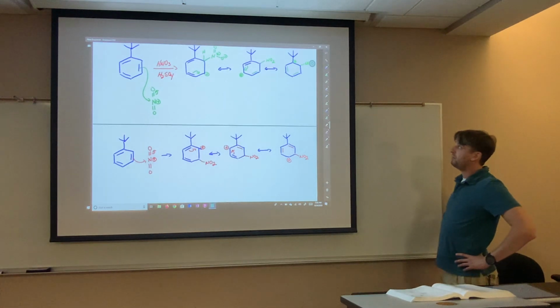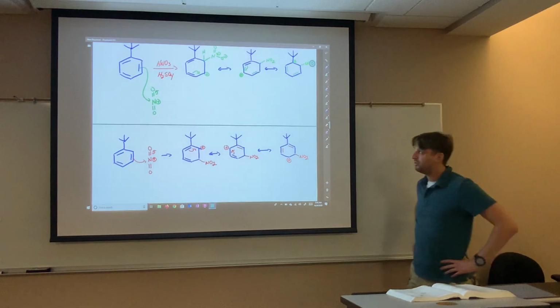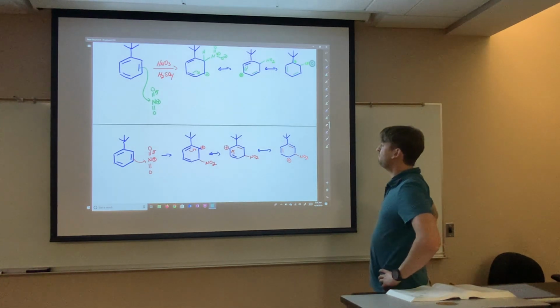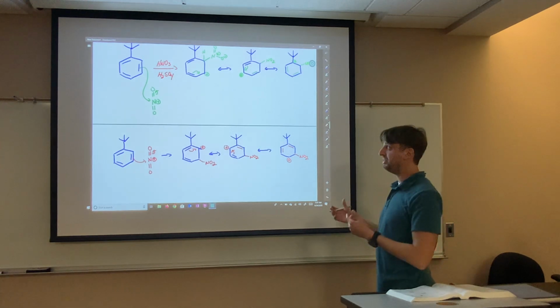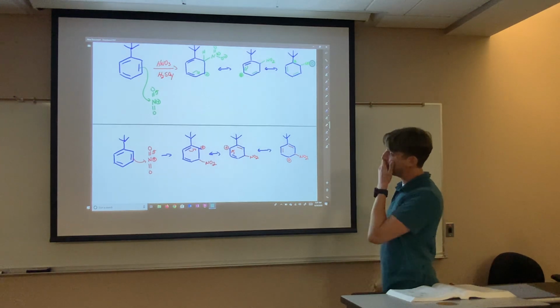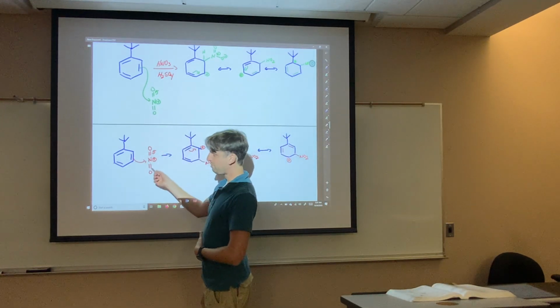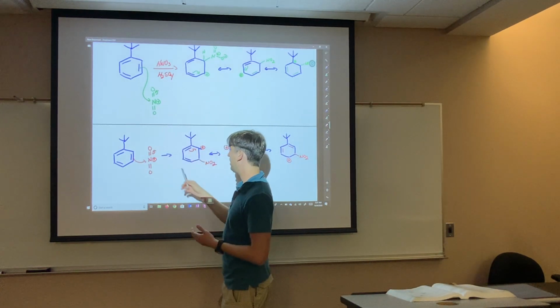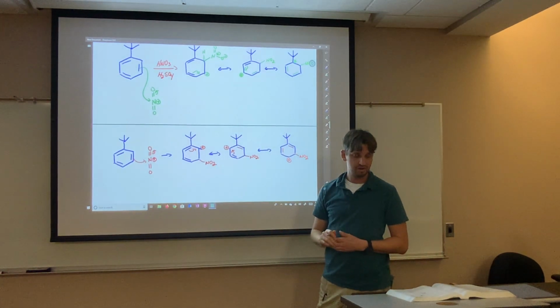We pause, we sit back, we admire our fancy drawing and go, wow. Okay? Well, what do we notice is the same and what do we notice is different so far? Well, nothing's different at the beginning. Ring reaches out, grabs the electrophile, right? We end up generating a positive charge. We can draw a set of 3 resonance structures.